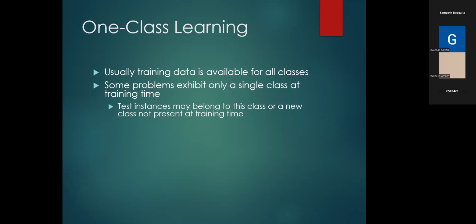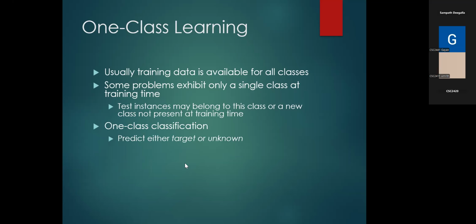That's what I'm going to discuss here under one class learning. When you have a situation like this, you cannot say it's a two class problem. You frame it as a one class classification problem. That means you select the target, whatever the party of interest, and the other one we say is unknown.